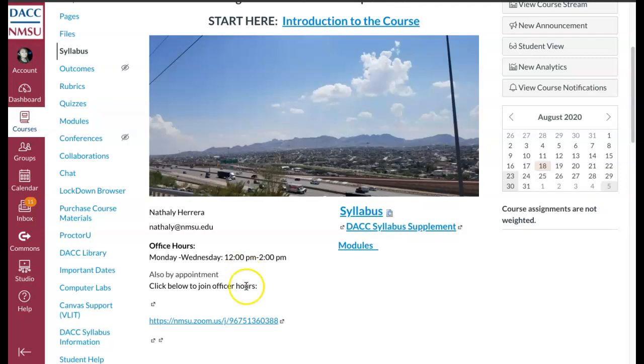Since DACC is in phase 1 of reopening, I was going to say not many people are allowed on campus, but actually pretty much no one is allowed on campus. So all my office hours are going to be done through Zoom. So if you just click here during this time, Monday through Wednesday, 12 to 2, you should be able to find me.